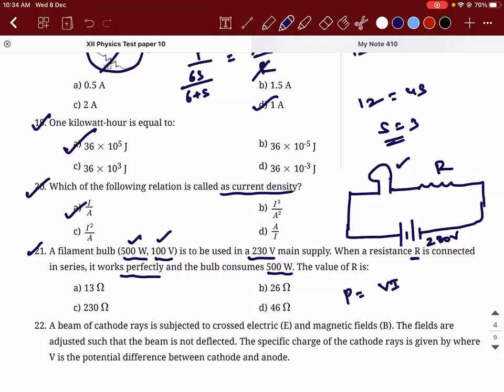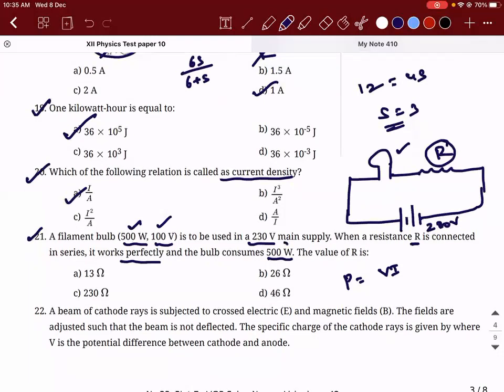If that is the case, then I'm interested to calculate what is the value of resistance that I can connect so that it is unaffected. They are saying that the bulb still consumes 500 watt. So for it to consume its 500 watt, what is the amount of current that is supposed to flow through it?